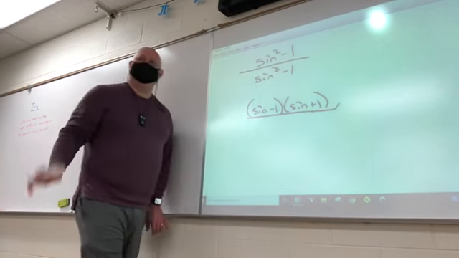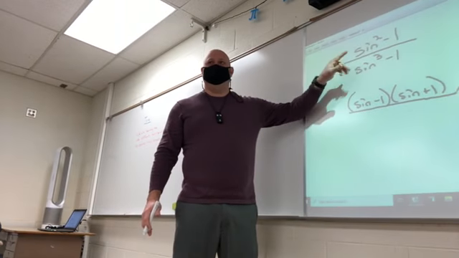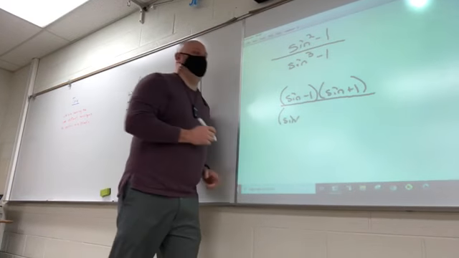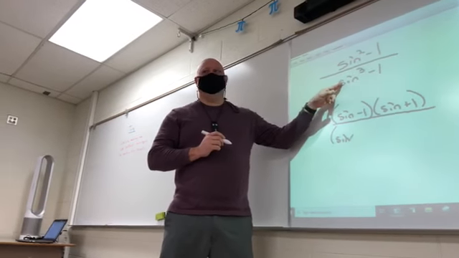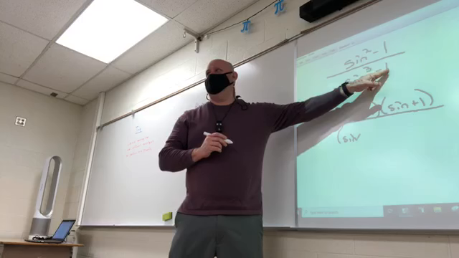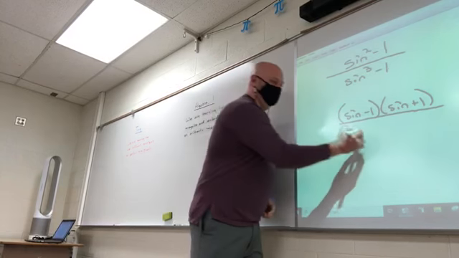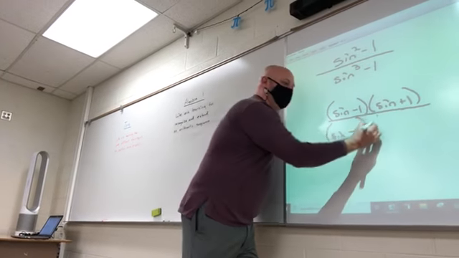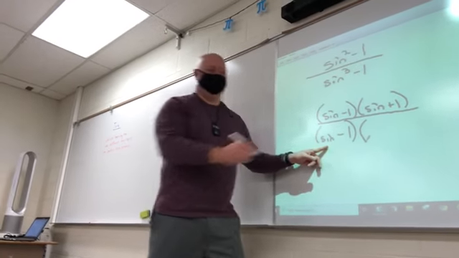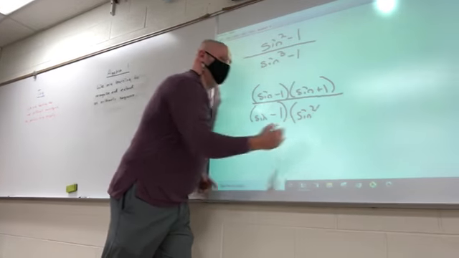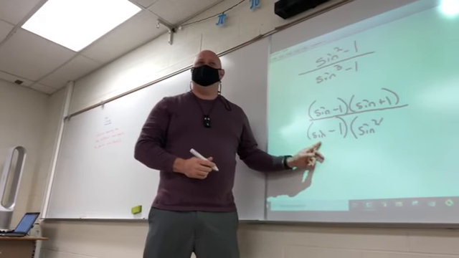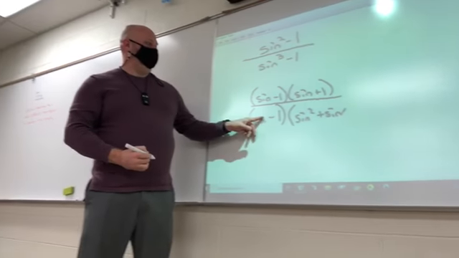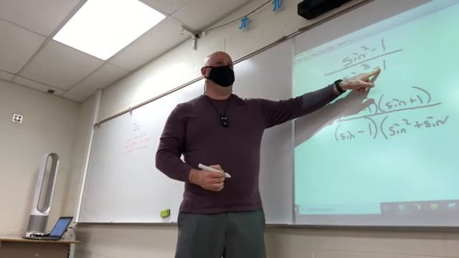So far, so good? What's the bottom factor into? It'd be sine. I take the cube root of negative 1, which would be negative 1. Right? And then you square the first. Opposite the product would be, say that again? No, because that's a negative. Cube root of negative 1 is negative 1.